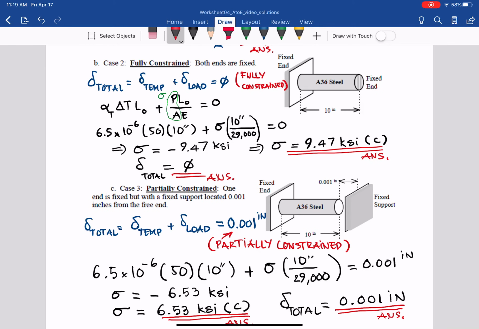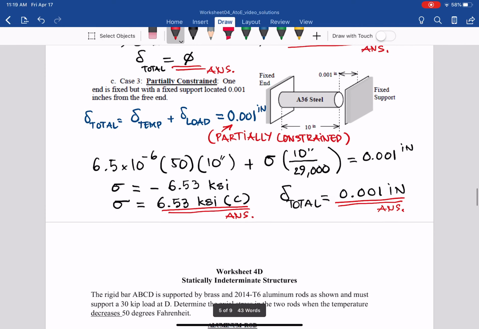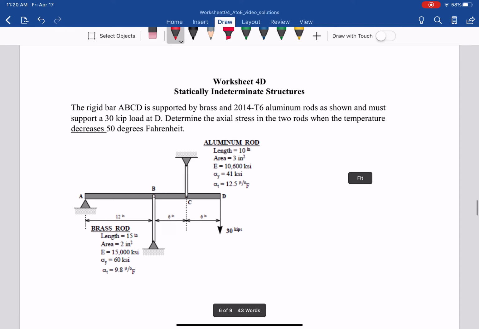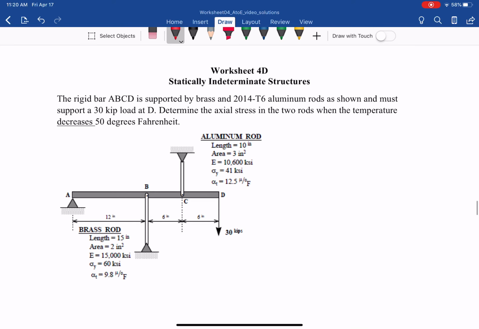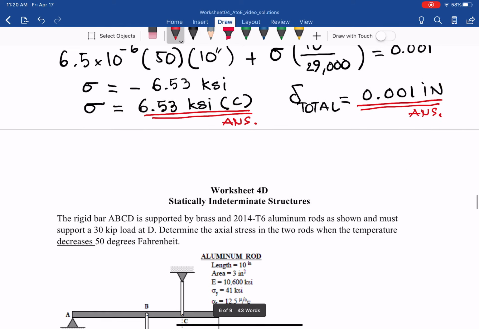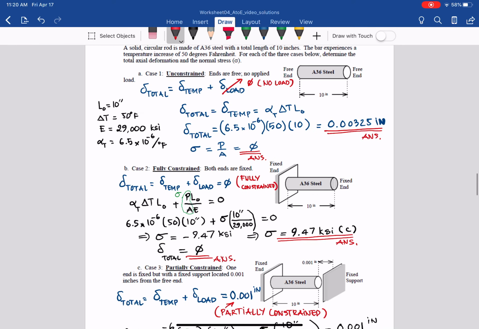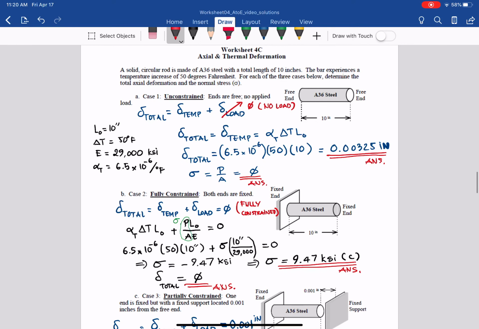So with that, you use this information to solve worksheet 4D, and a solution is already posted in another video. But now this 4D combines worksheet 4A and worksheet 4C. So the deformation for the aluminum rod and brass rod is both due to load and due to temperature. So that's what you need to do, and I need you to practice that problem, worksheet 4D.